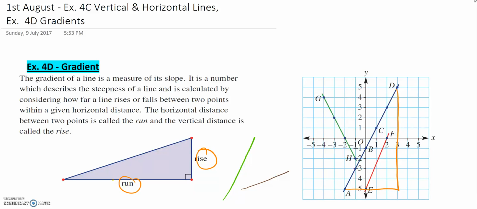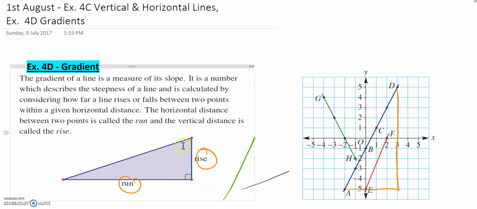So it's not only up, it can be up or down, left or right. Because if you have a look at the green line, to go from G to H, you'll actually be going down and then right. So it could be either.